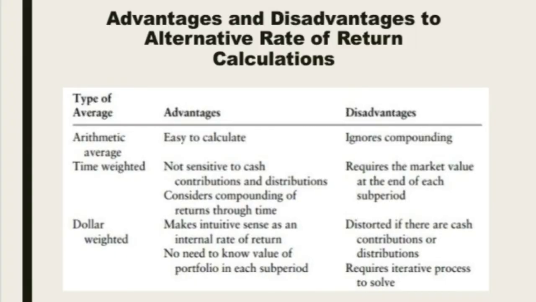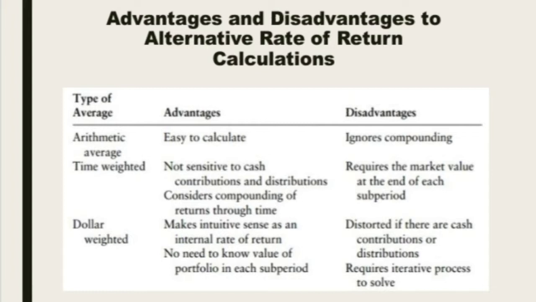Advantages and disadvantages of alternative rate of return calculations. The advantage of arithmetic average is it is easy to calculate, and the disadvantage is it ignores compounding. The time-weighted advantage is it is not sensitive to cash contributions and distributions and considers compounding of returns through time, while the disadvantage is it requires the market value at the end of each sub-period.